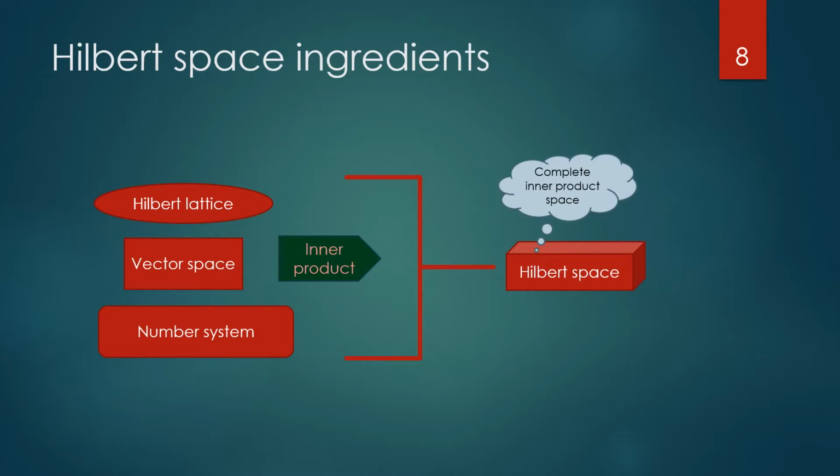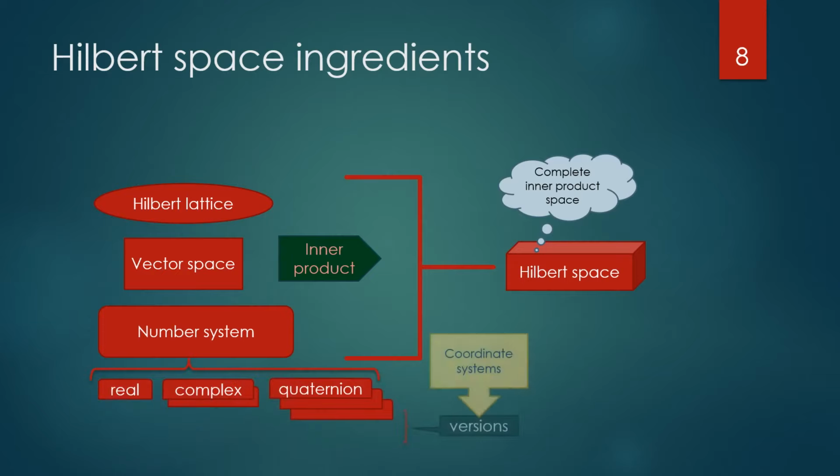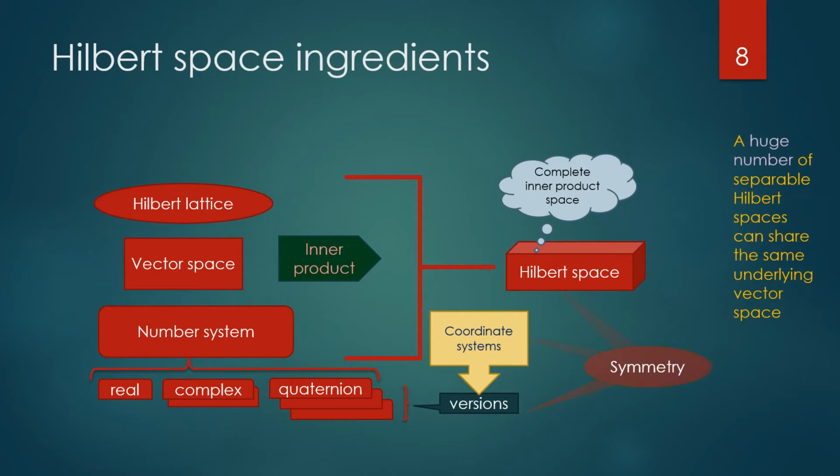The selected version of the number system determines the private parameter space of the Hilbert space. Its symmetry determines the symmetry of the Hilbert space. A huge number of separable Hilbert spaces can share the same underlying vector space.